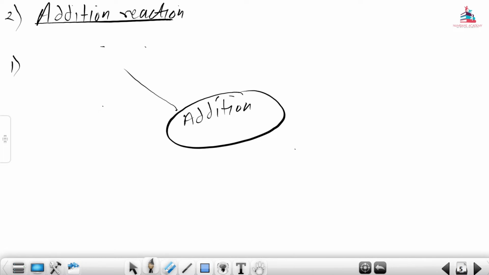I have one. The first one will say it's hydration. The second one, it's hydrogenation.